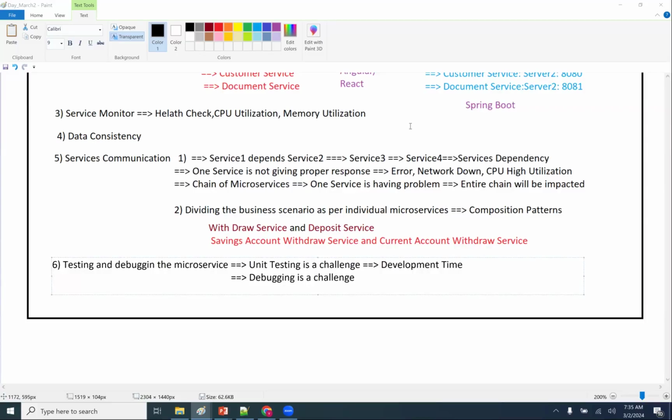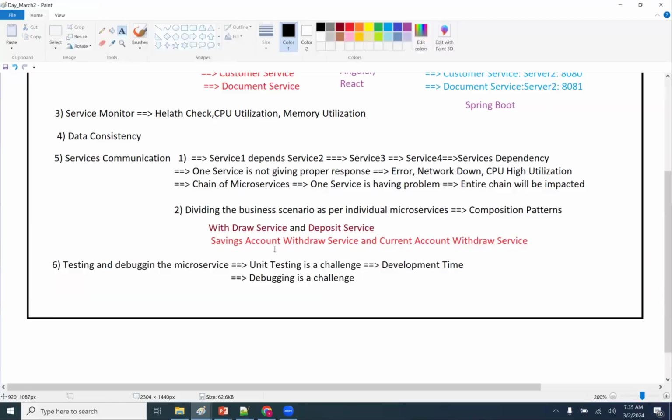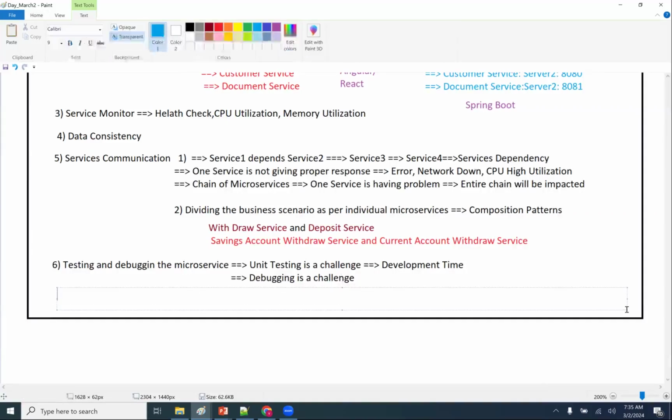Assuming, sir, I have 20 services for one business scenario, and I need to invoke 20 microservices, one, two, three, four, up to 20.